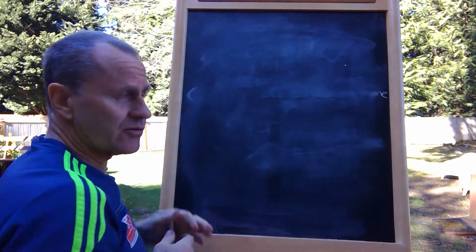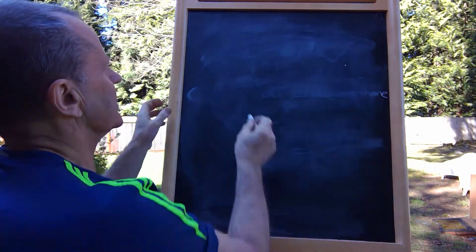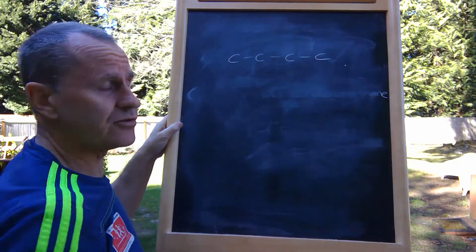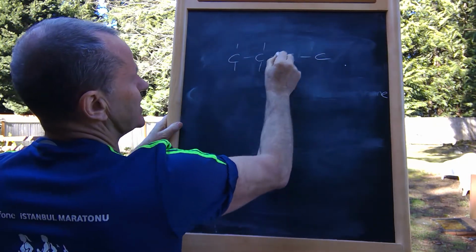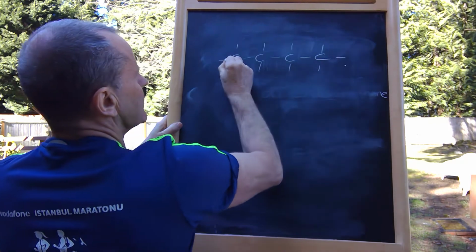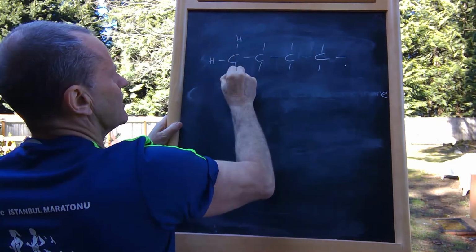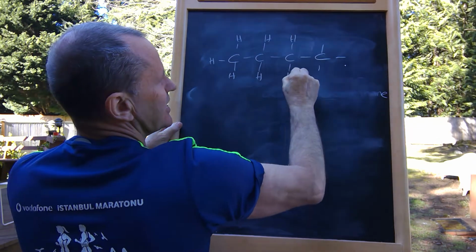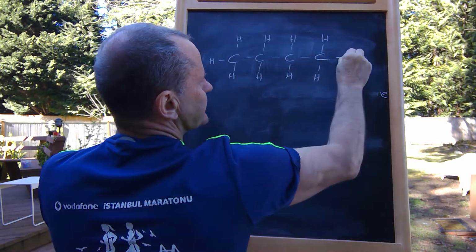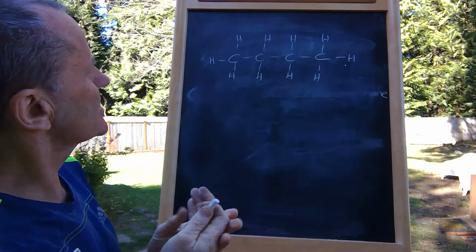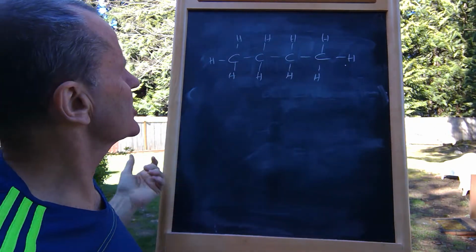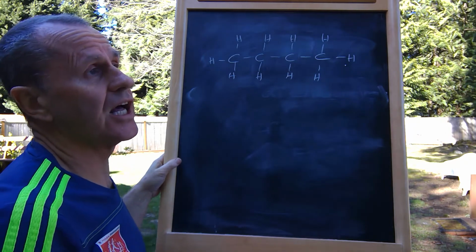So let's have a look at what we can do with a more complex one of these. Let's start with butane. And once again, I'll draw this the old-fashioned way just for a while, and then we'll draw it in the new-fashioned way, and then we'll name it. So here's butane. And let's have a look at how we can change this by adding a halide to it.